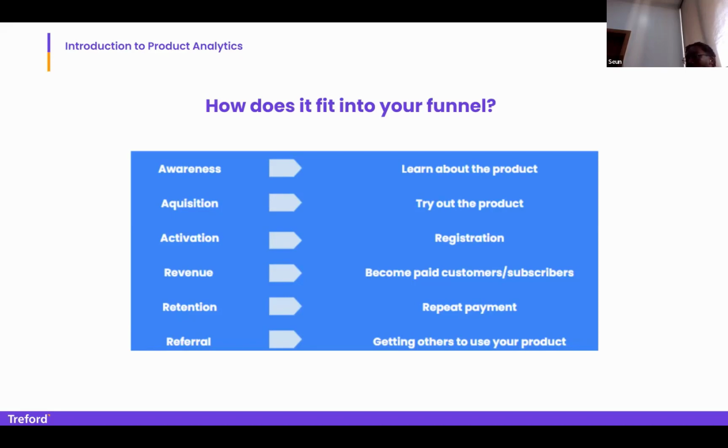At that point as well, it's important that you're tracking and measuring, because it's important for us to know the flow from when they become aware, to when they acquire, to when they're activated, to when they become paying customers, and to when they continue the payment and so forth. It's important that we understand where product analytics fits into this stage of the funnel.